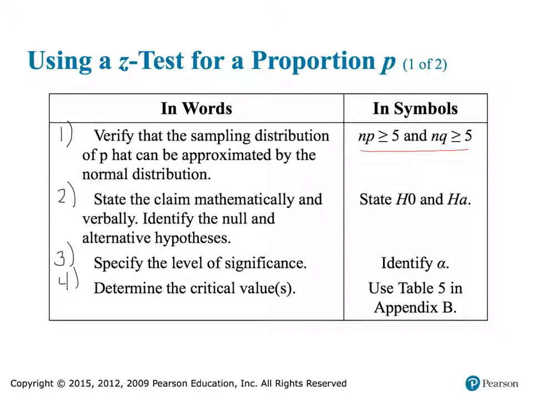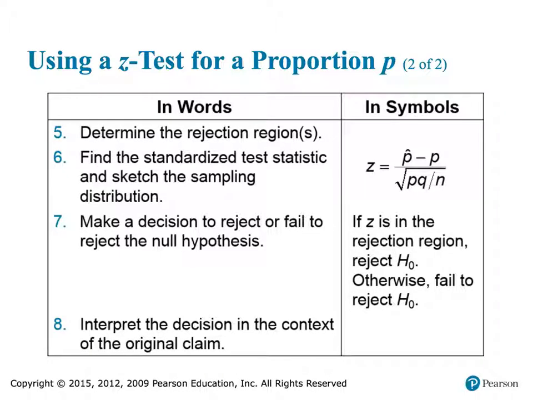Fourth, use our table, the infinity row, to determine our critical value, and then our rejection region after. Sixth, calculate our standardized test statistic using that formula we just showed you. Seventh, make a decision. Should we reject or not reject the null? And then eighth, identify what that means about the claim in the context of the problem.